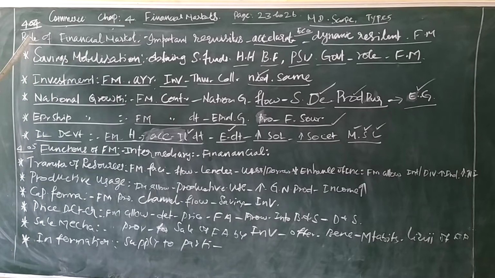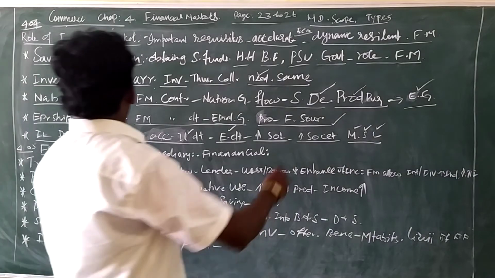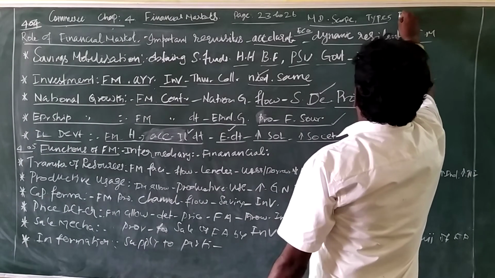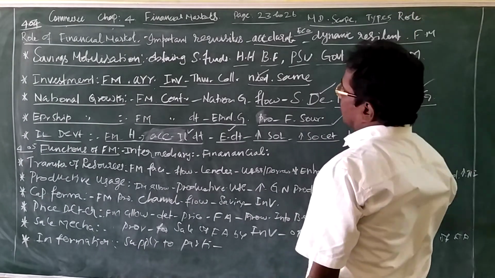So these are the roles played by the financial market. Number one, savings mobilization. Number two, investment. Then national growth, entrepreneurship growth, as well as industrial development. These are all the roles played by the financial market.